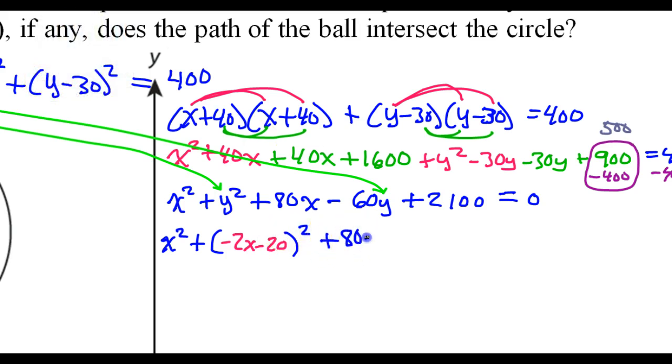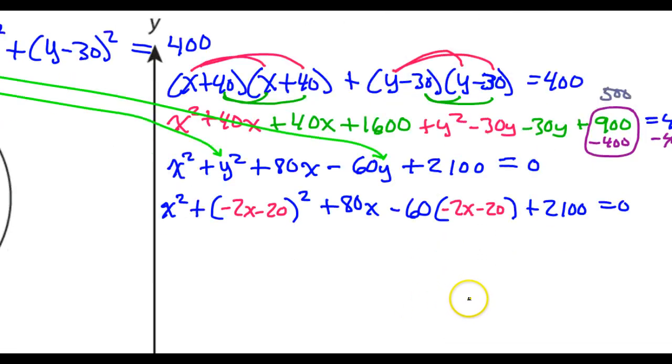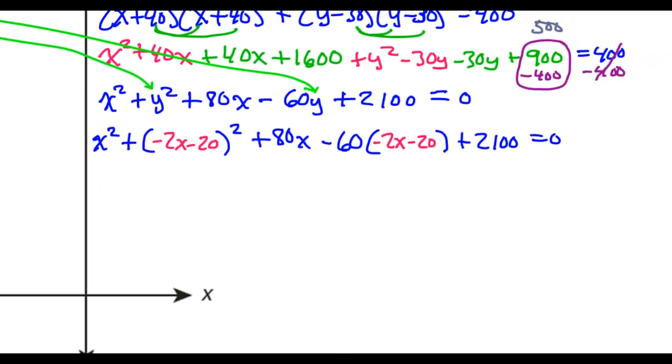And then plus 80x minus 60, and that'll be negative 2x minus 20 again for that y. And then I'll just have my plus 2,100 equals 0. So we just have to simplify this out.